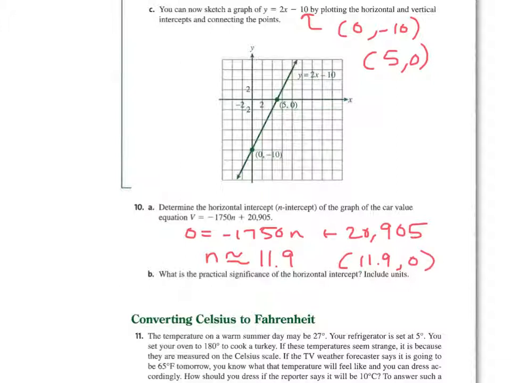So having a 0 in for x means no years have gone by and the value is 20,905. This is kind of the opposite. This means at 11.9 years, the car has lost all its value.